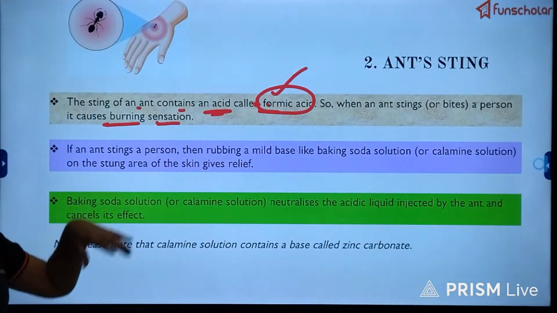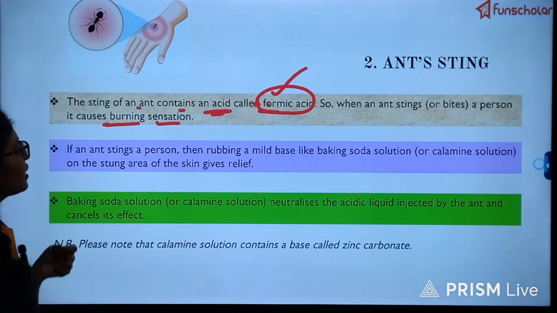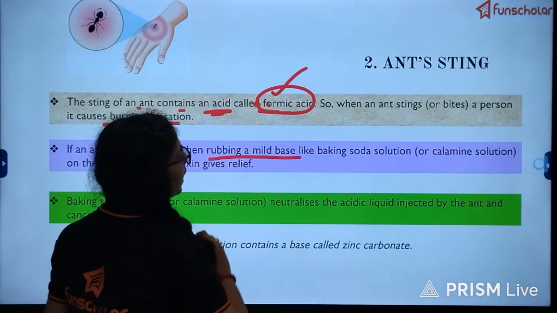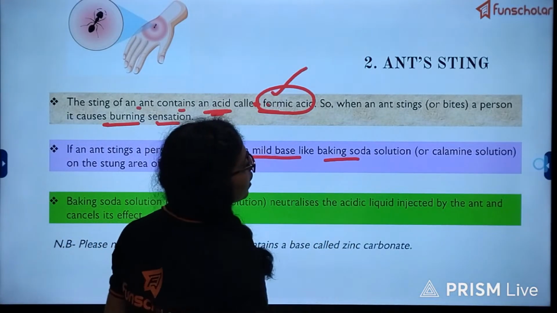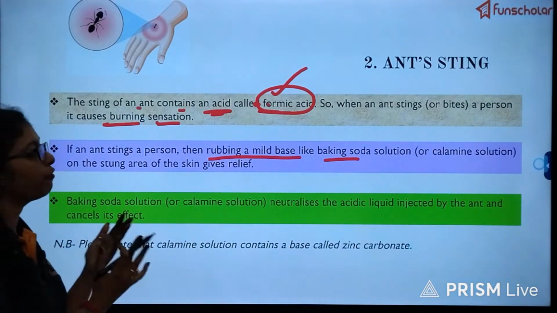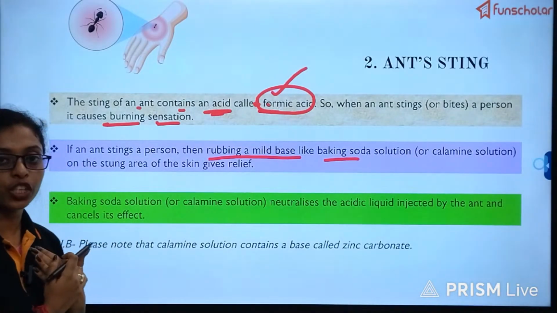So that is why your skin is burning. So if an ant stings a person, then rubbing a mild base like baking soda solution is a very important way of getting relief from that burning sensation and pain.